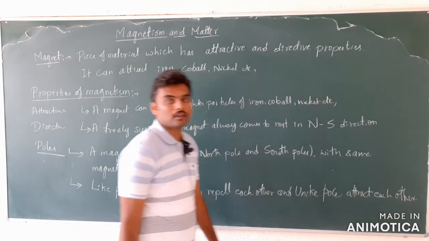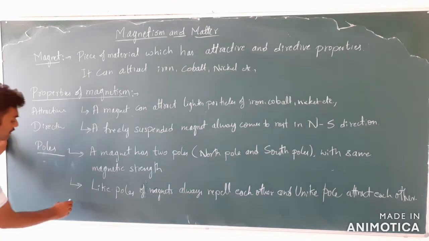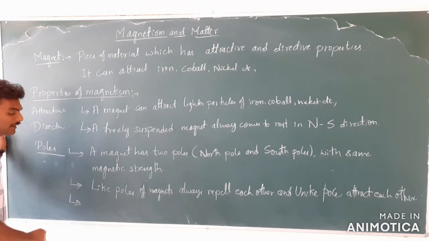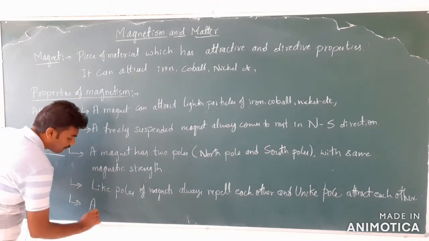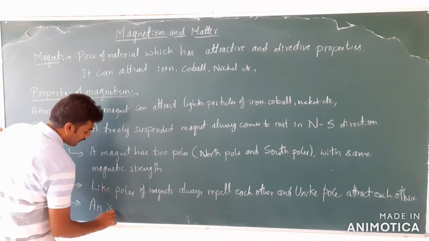Okay, so this is the next property of the magnet, which is very easy and important at the same time. The next property with regards to magnets is, an isolated magnetic pole does not exist.